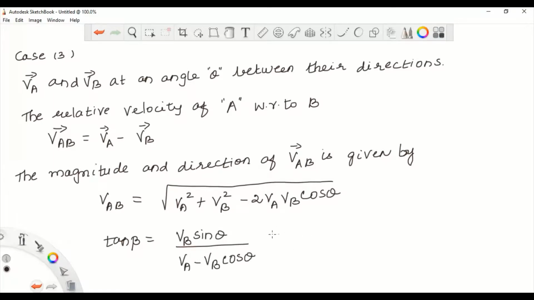Okay. Here, what is this beta? Beta is the angle between the relative velocity of A with respect to B, that is VAB, and VB.